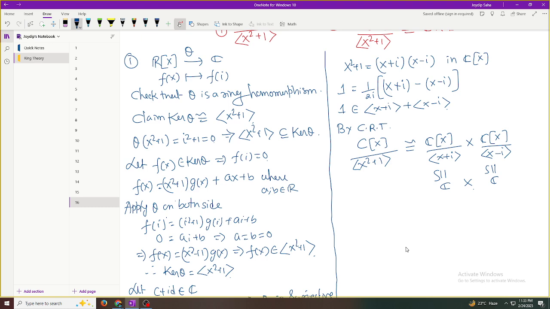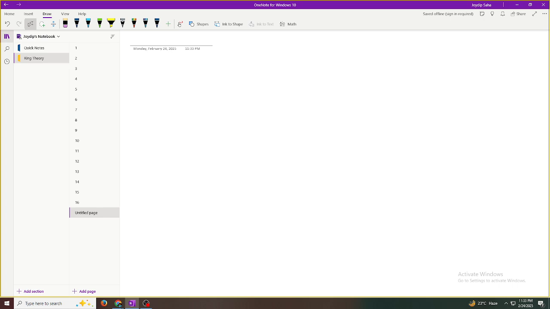Next question is, problem: R[x], where R is the field of real numbers, quotient x cube minus x is isomorphic to what?